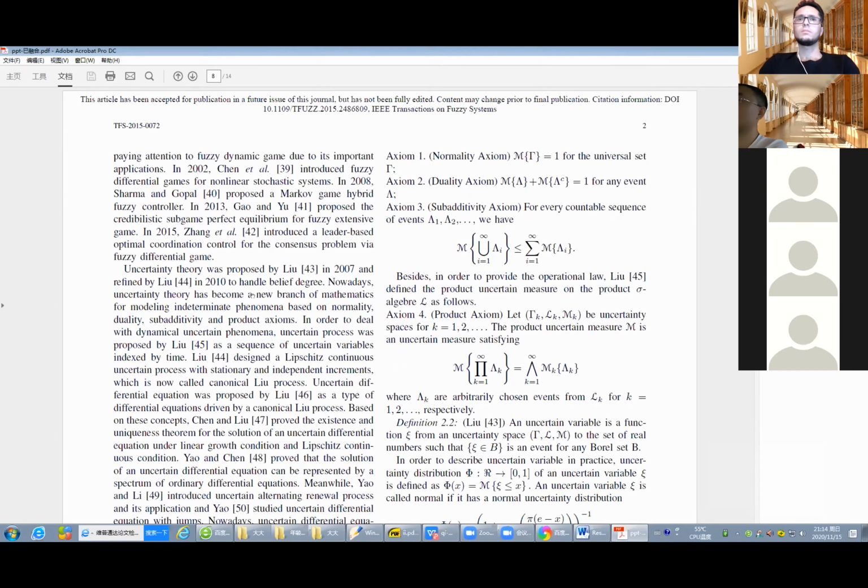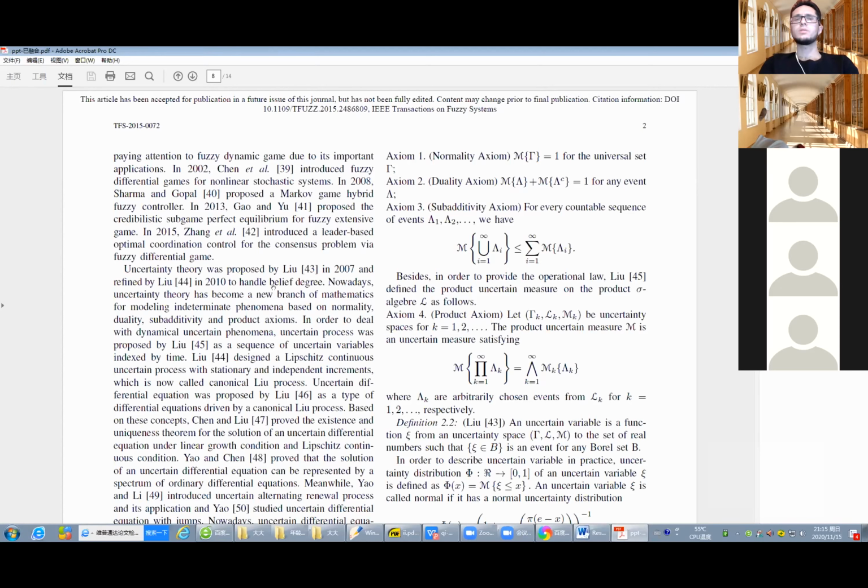This theory is about how to handle the belief degree. Nowadays, uncertain theory has become a new branch of mathematics. So this paper is based on uncertain theory.